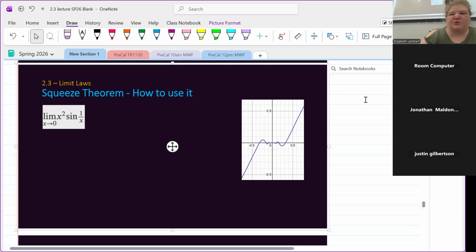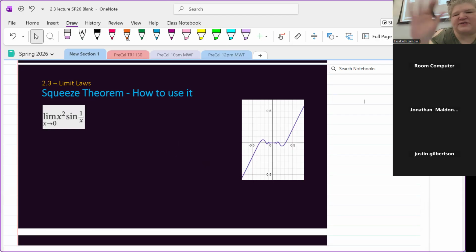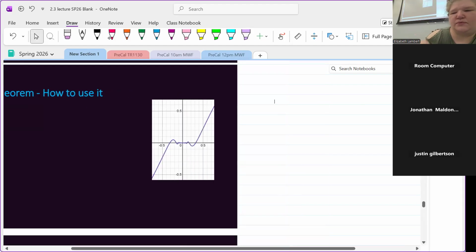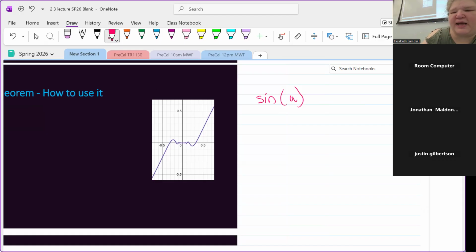Now, one of the things to remember about our trig graphs is that the graph of sine of anything, whatever's on the inside, is always bounded above and below by its amplitude. So I'm just going to write sine of u because that u can literally be anything.